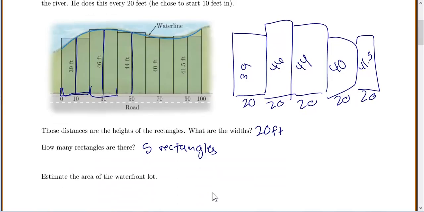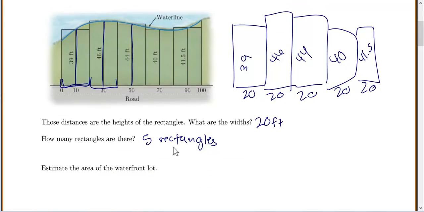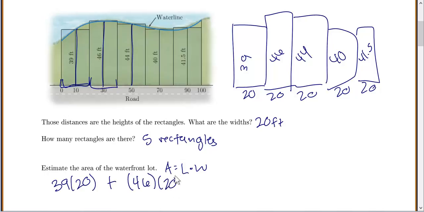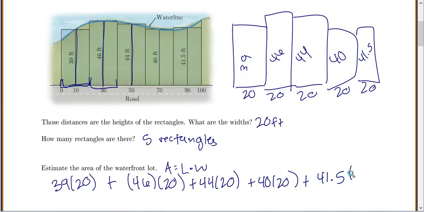And we can estimate the area of this waterfront lot because the area of a rectangle is length times width. We can find the area of each rectangle and add them together. So my first length would be 39 times 20, and my next one would be 46 times 20, plus 44 times 20, plus 40 times 20, plus 41.5 times 20.